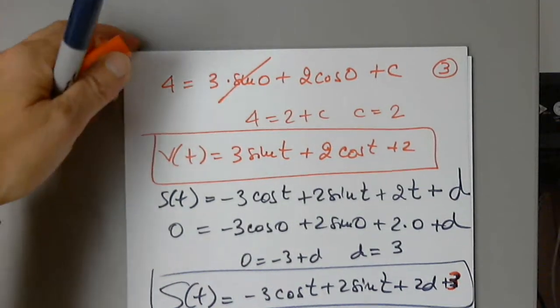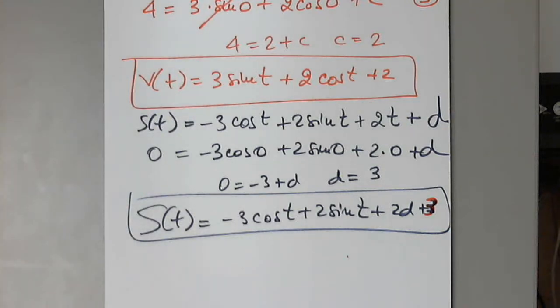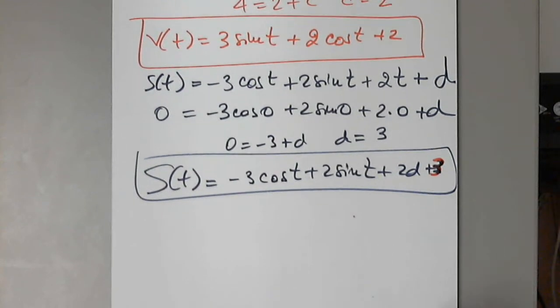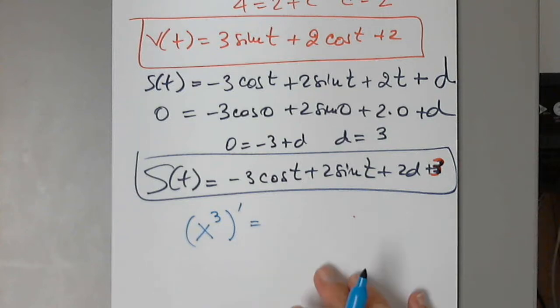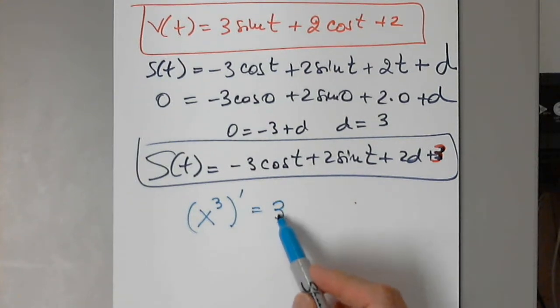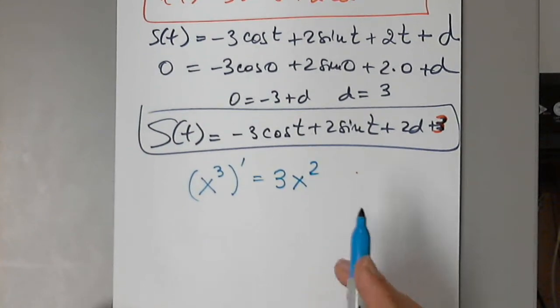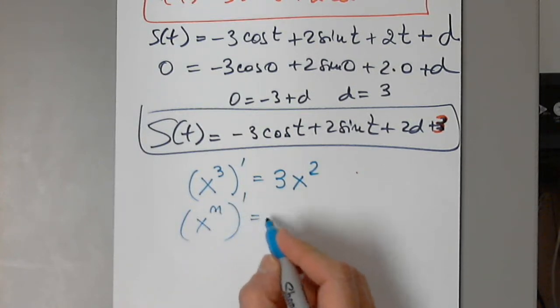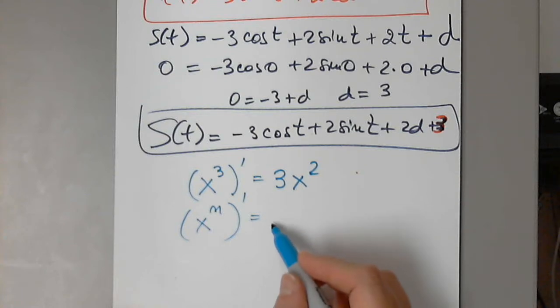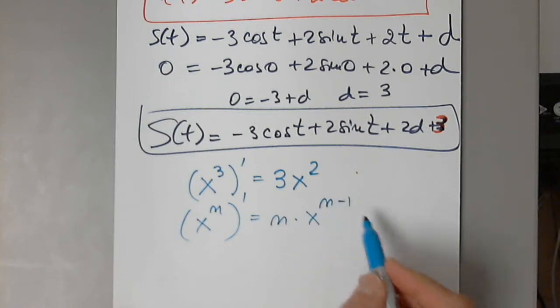Okay, before we move on to other problems, I would like us to look at the power rule. We said in the past that when we differentiate x to the third, we get 3x squared. And when we differentiate x to the nth power, we get n times x to the n minus 1.